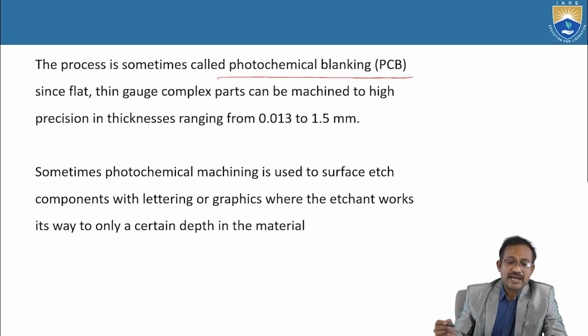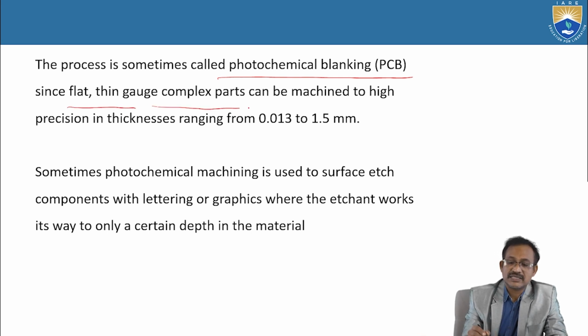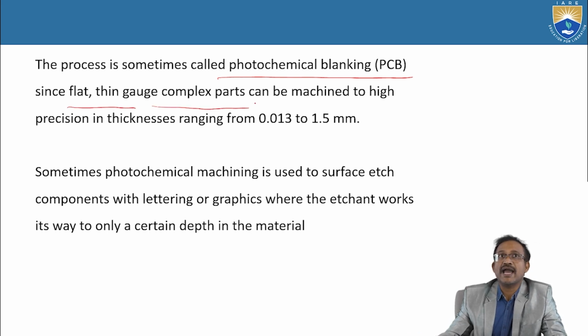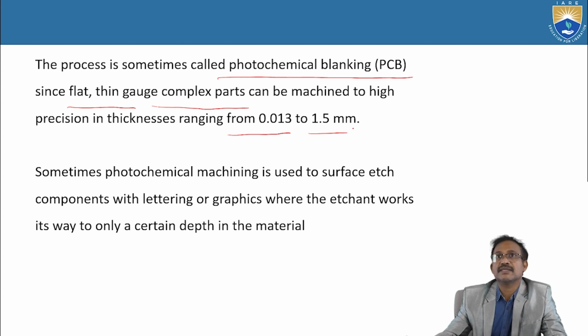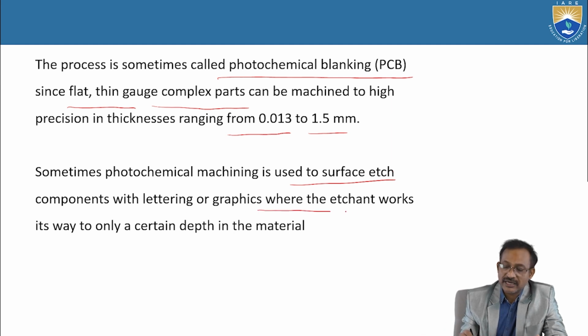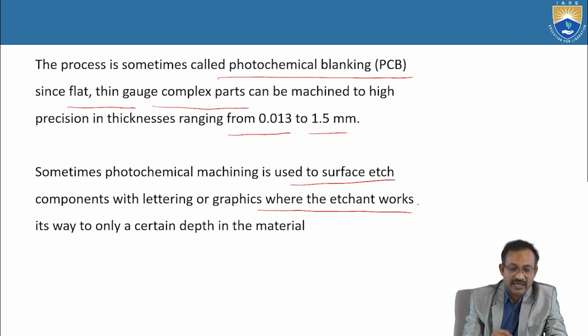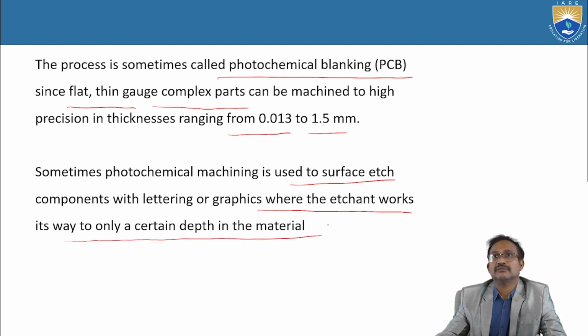Flat, thin gauge complex parts can be machined to high precision in thicknesses ranging from 0.013 to 1.5 millimeters. Sometimes photochemical machining is used to surface etch components with lettering or graphics, where the etchant works its way to only a certain depth in the material.